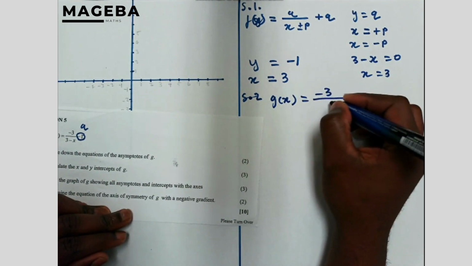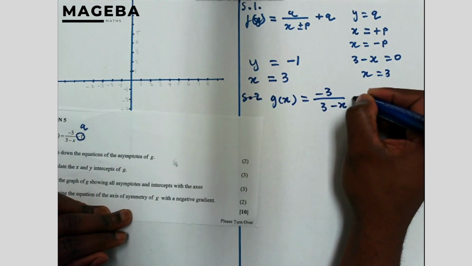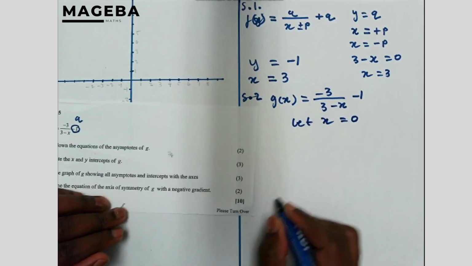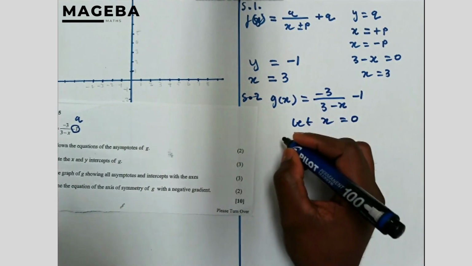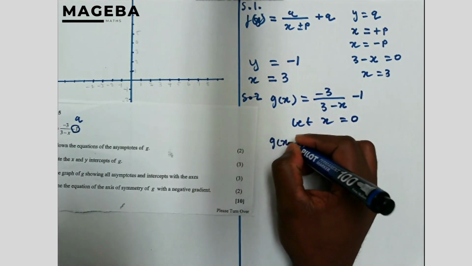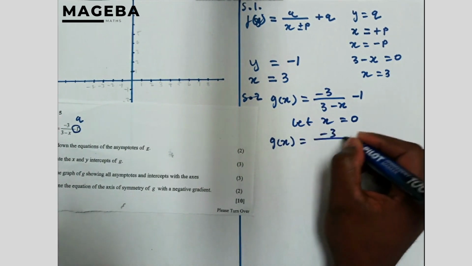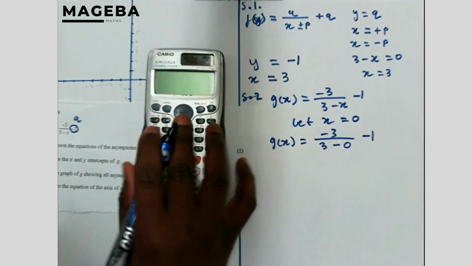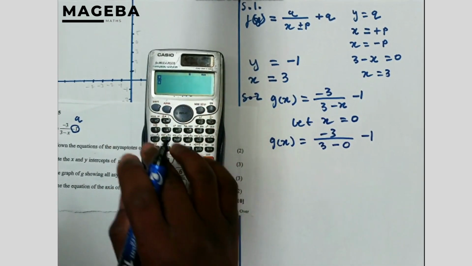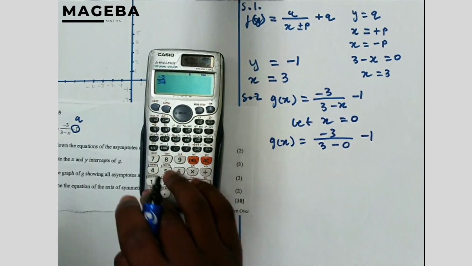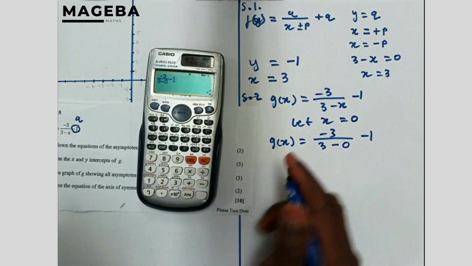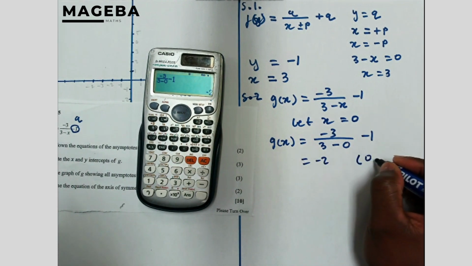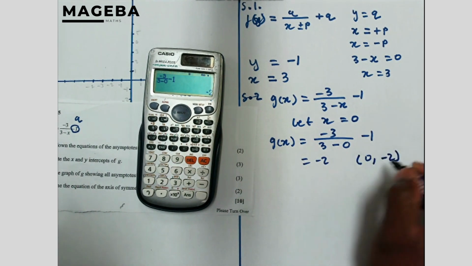We always let x equal 0. So g of x equals -3 over 3 minus 0, and then minus 1. Then it's -3 over 3, minus 1, and that gives us -2. So our coordinate is 0 maps to -2.